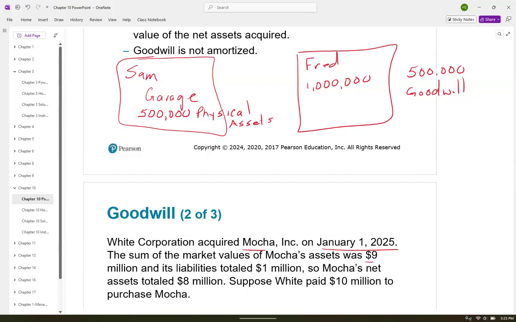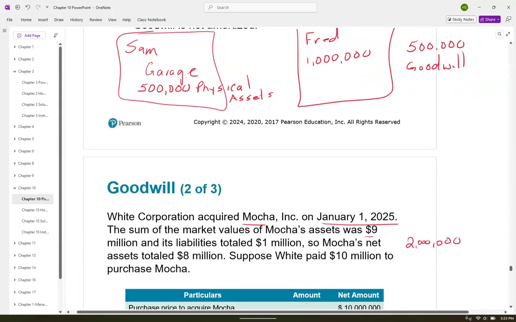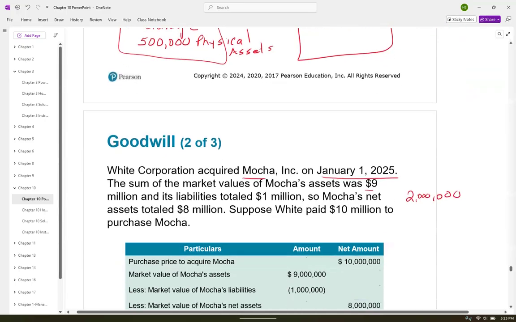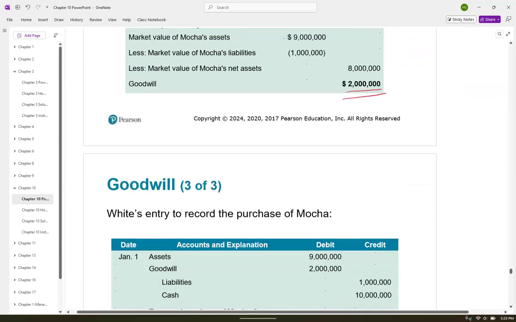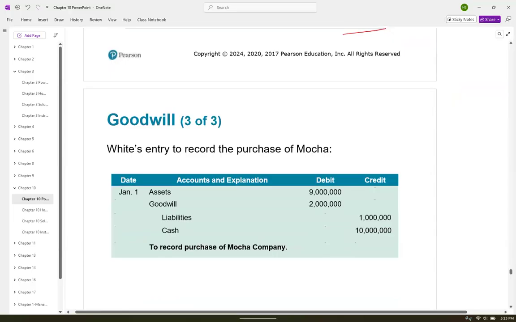Okay, so there is $2 million that will be recorded as goodwill. Okay, so let's go through this. The purchase price for Mocha was 10 million. They had assets of 9 minus the liabilities brings that down to 8 million, and we have goodwill of 2 million. Okay. And let's see, yes, they do give us the journal entry.